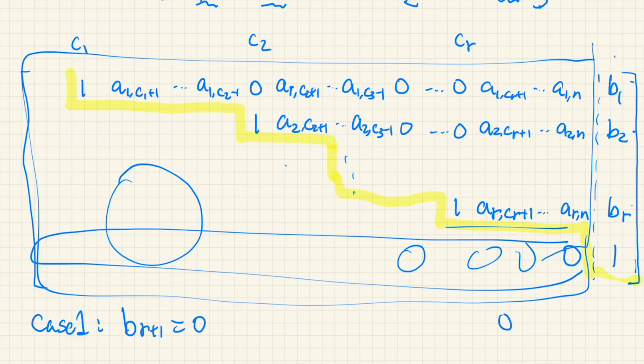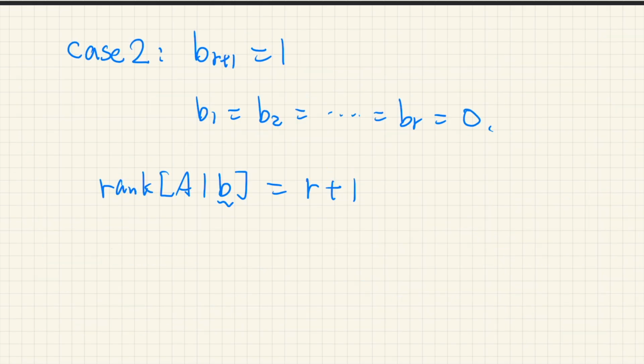So that means we have 0 equals 1, which is a contradiction, so there cannot be any solution for this. Also, in this case, the rank of the augmented matrix is r plus 1, because there are r plus 1 rows that contain non-zero elements. This is, of course, greater than r, which is the rank of A. So this is not equal to this.